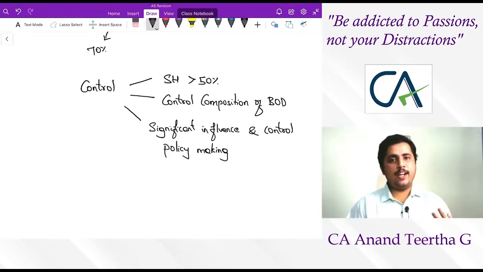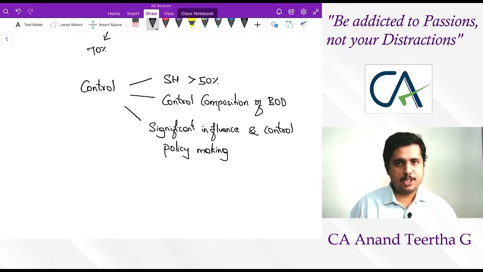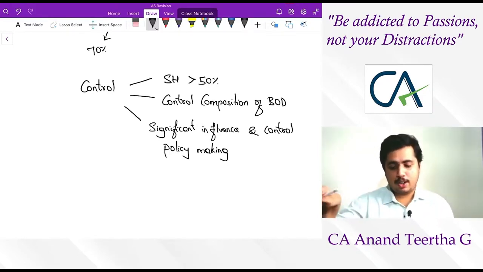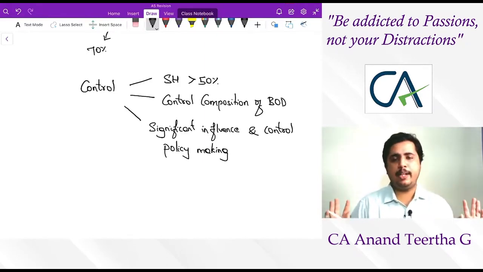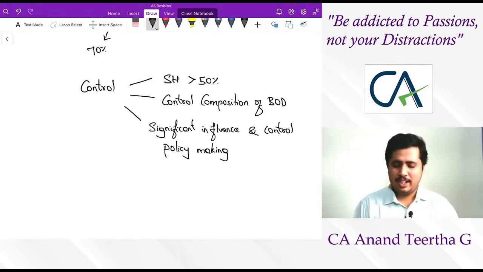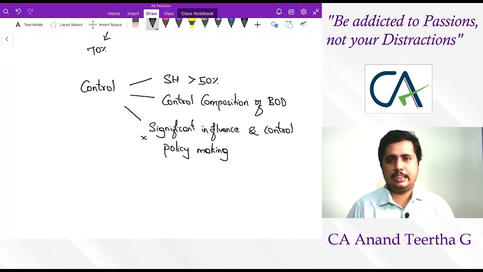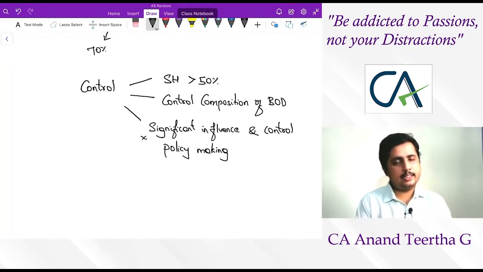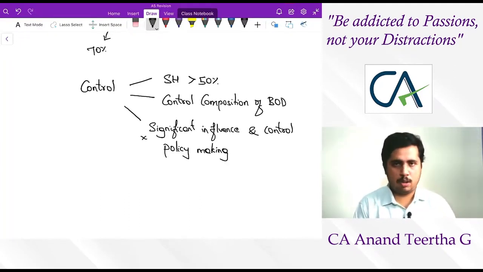So there is a significant influence, but it doesn't establish control. But I am also involved in controlling the policy making of the company. I will be considered as person having control. This point is not that common, but yes, it's a point included in the standard. These 3 points will tell you whether there is control or not.